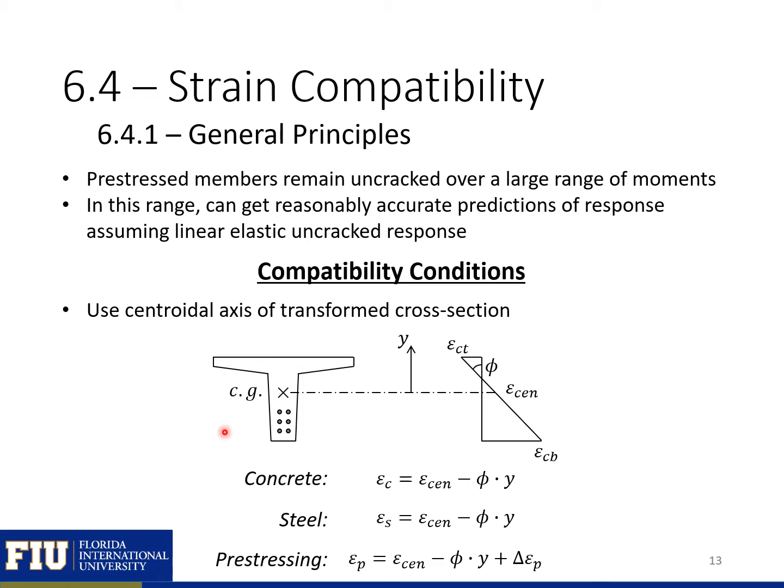So to start, we can look at our compatibility conditions, and we can see that the strain at the concrete at any level is going to be related to the strain at the centroid, the curvature in the section, and the distance from the centroid of the section. The same is true with the steel, or any non-pre-stressed steel, and also true with the pre-stressing, except with our pre-stressing, we also need to include this locked-in strain differential, this delta epsilon P.